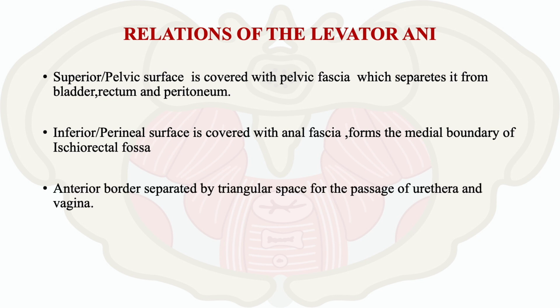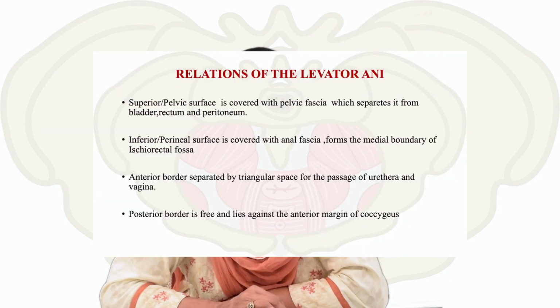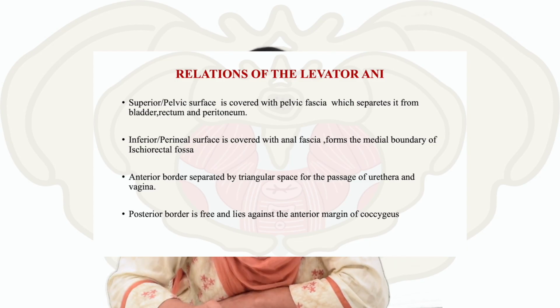The anterior borders of the two muscles are separated by a triangular space for the passage of the urethra and the vagina. The posterior border is free and lies against the anterior margin of the coccygeus. The muscles have been modified to form the pelvic diaphragm, which supports the viscera. Such support became necessary with the adoption of erect posture by man.